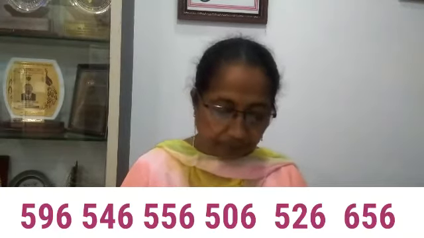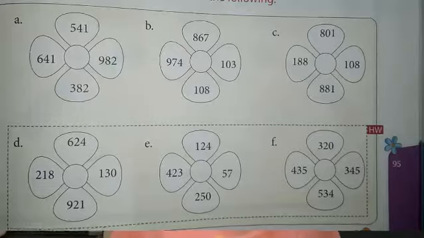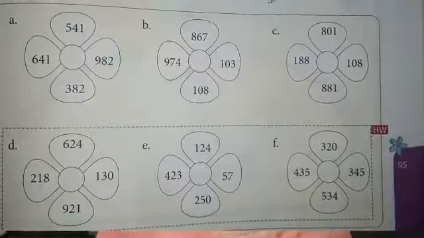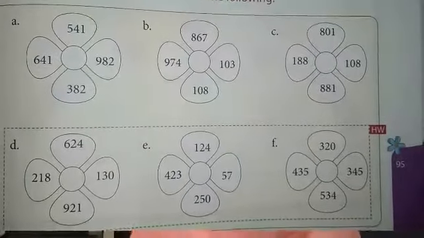Next one, 3. Color the petal with the biggest number in red and the petal with the smallest number in yellow in each of the following. So you have to use your color pencil. The biggest number is in red and the smallest number in yellow.